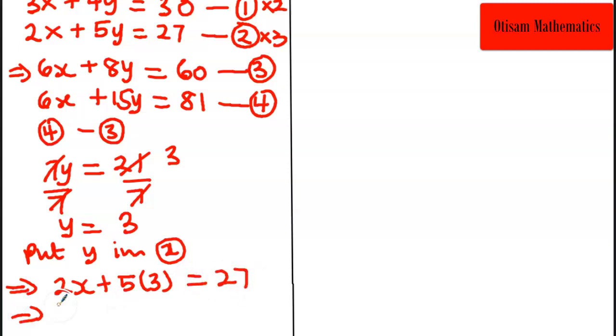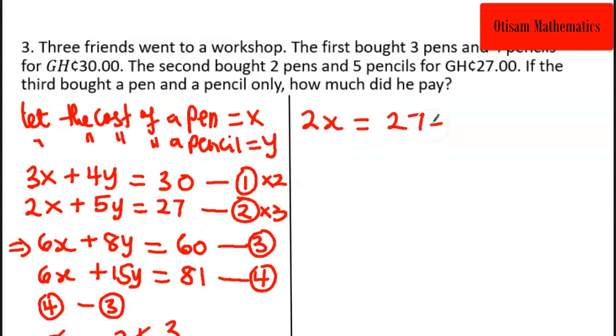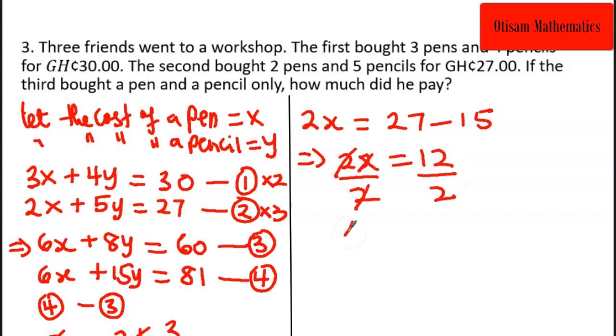So we have 2x plus 15 is equal to 27. So 2x is 27 minus 15, which is 12. To find x, you divide both sides by 2. So our x is equal to 6.